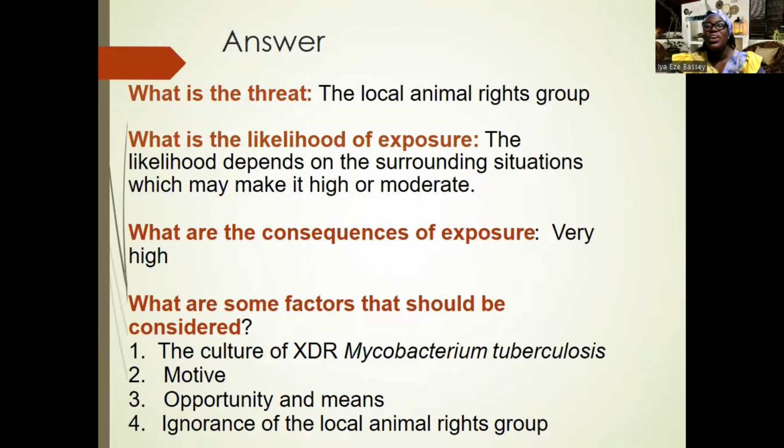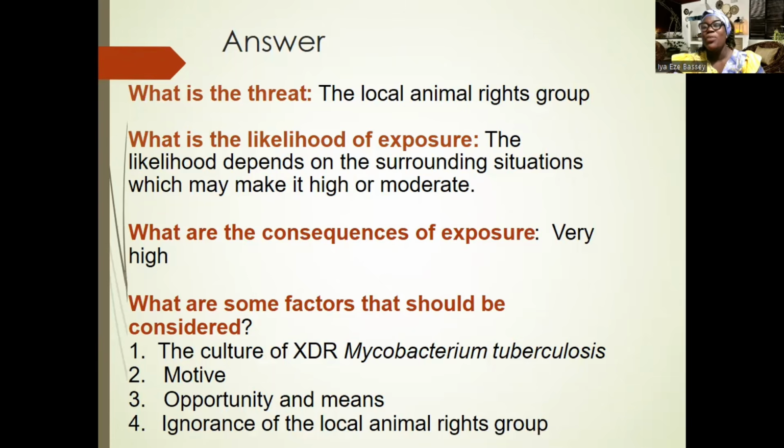So the threat will be the local animal rights group. And well, the likelihood of exposure depends on the surrounding situations, which may make it high or moderate. Why do I say it depends on the surrounding situations? For instance, what kind of security does the lab have? Is it somewhere you can just walk into and get those things out?